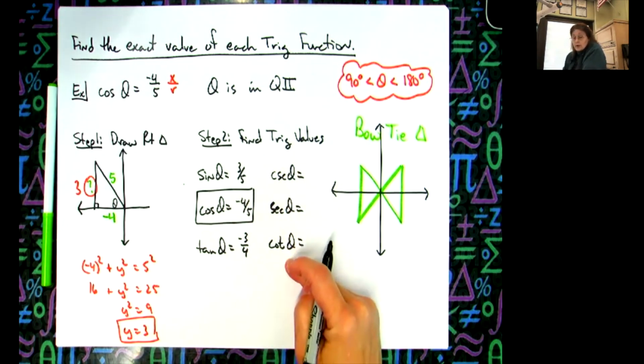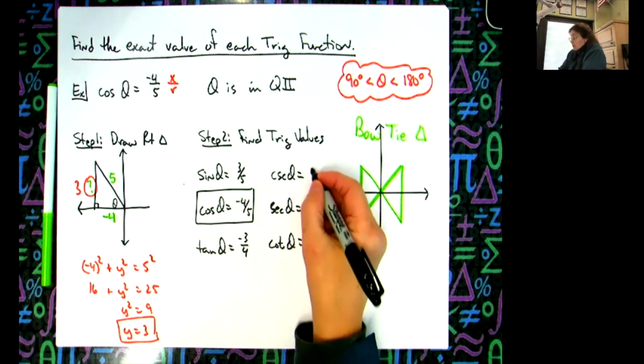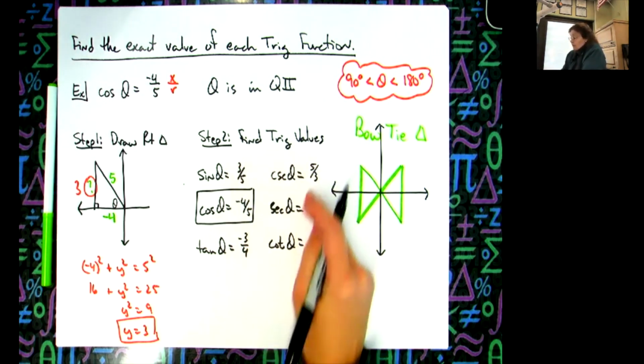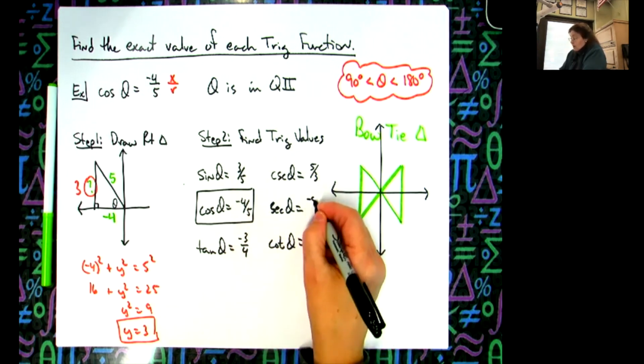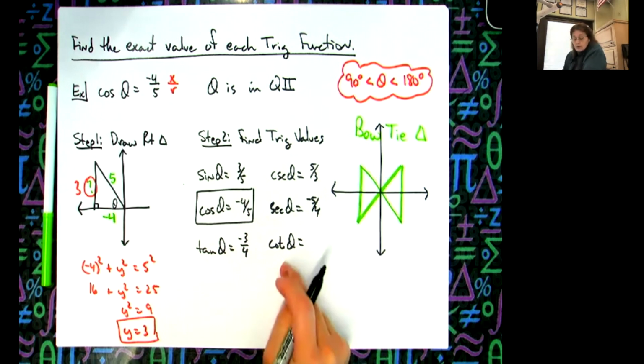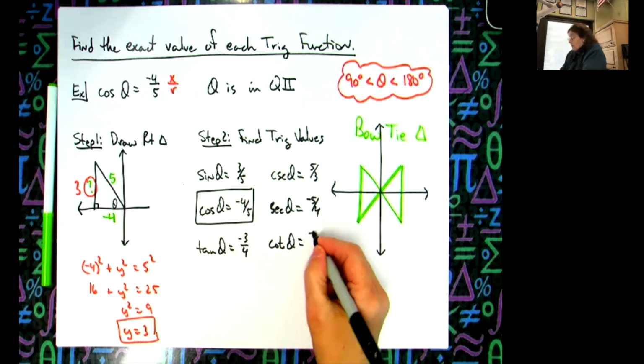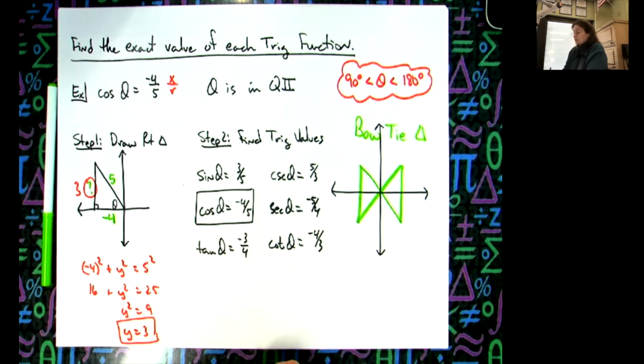Technically, to get these 3, you could run those definitions, or you could take your reciprocals. Cosecant is just going to be 5/3, that flipped. Secant, put that negative in the top when you flip it around: -5/4. Cotangent, when you flip that one around, keep the negative in the top: -4/3.